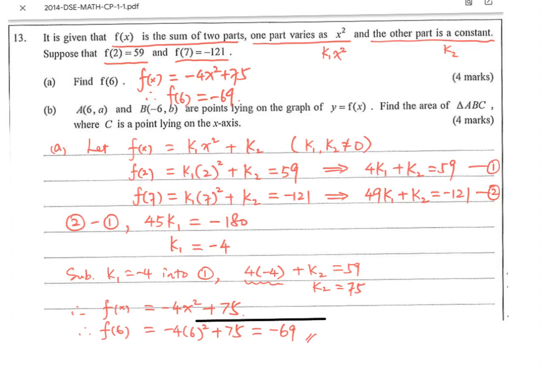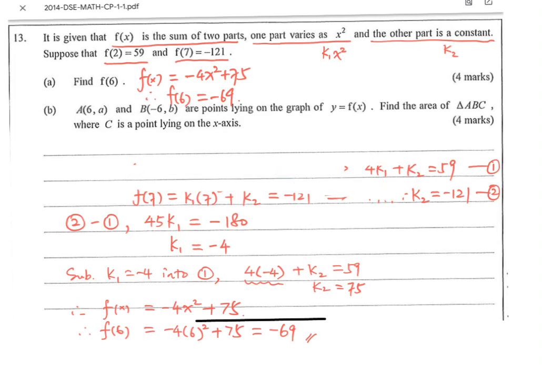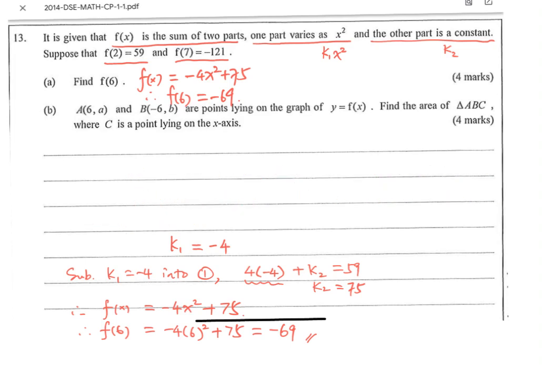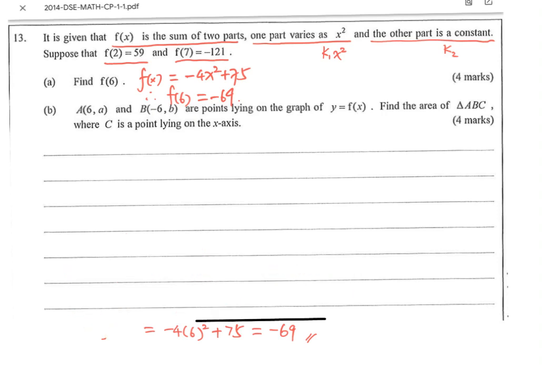Okay, after finishing part A, let's continue with part B. Let me erase all the solution for part A here, and leave some space for part B. So let's read part B first.